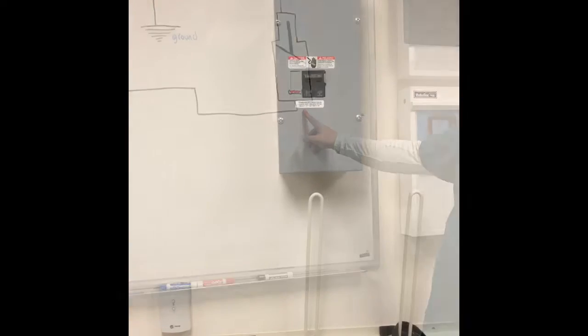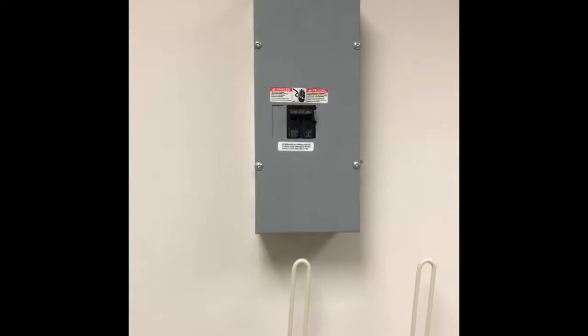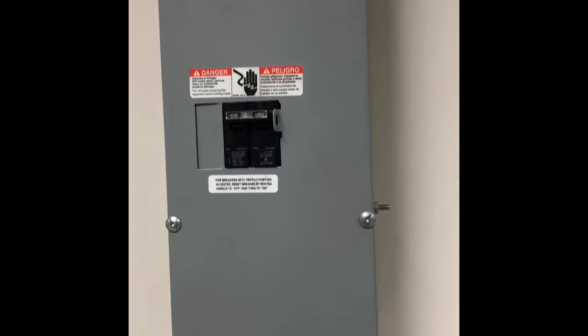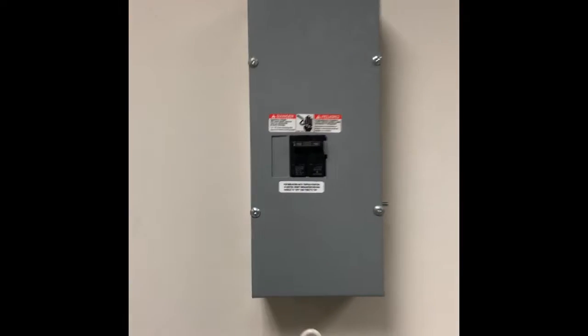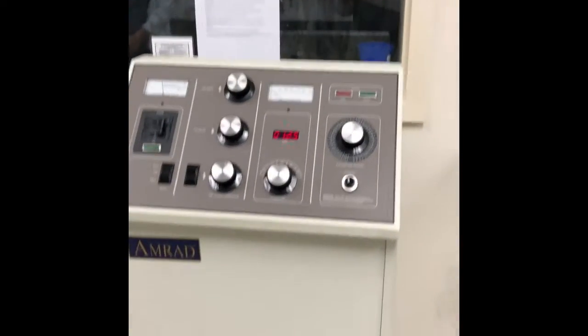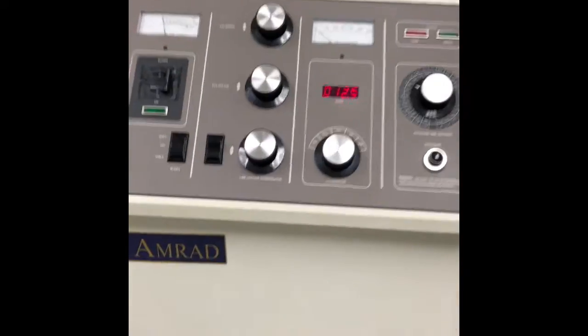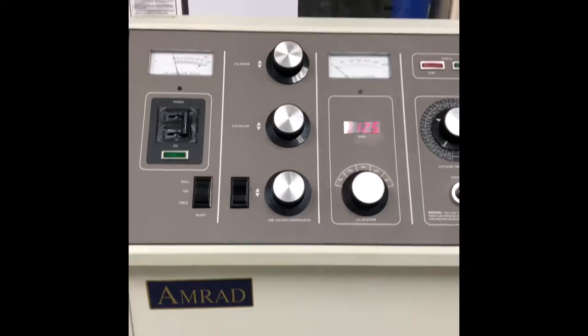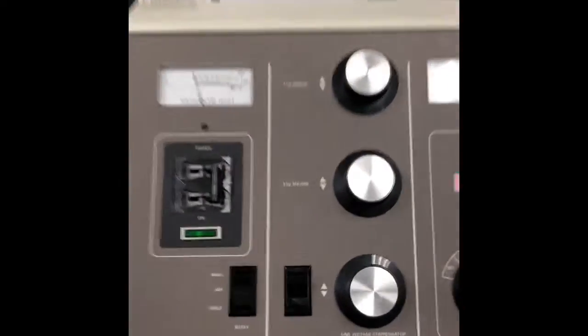So now that we're in the X-ray room, here you can see the main breaker, which supplies the operating console and the tube, which is inside that dark room you can't see.